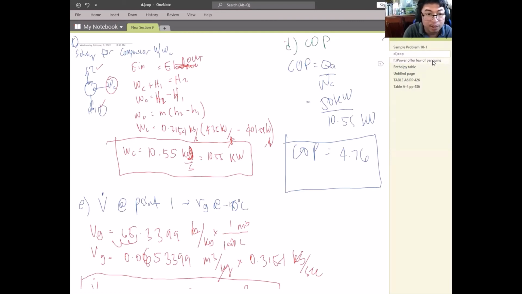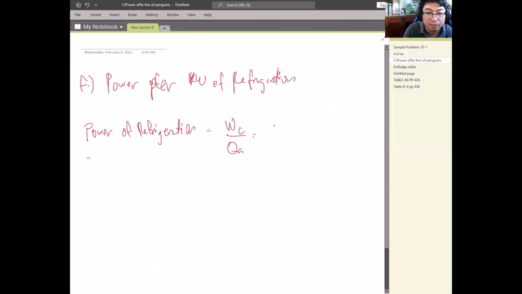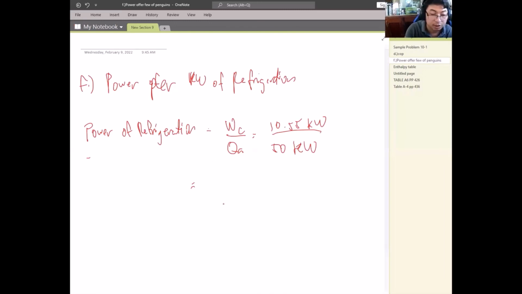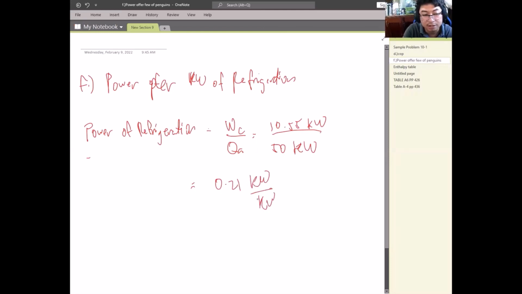Our work of the compressor is 10.55 kilowatts all over the heat addition, which is the given, 50 kilowatts. So the answer is 0.21 kilowatts per kilowatt. So this is the unit for the power of refrigeration.